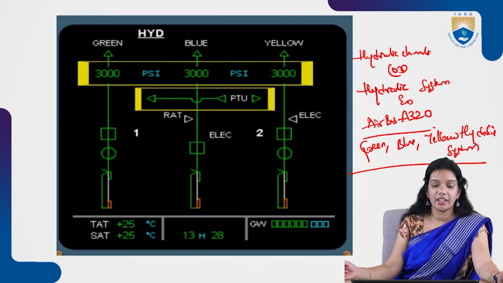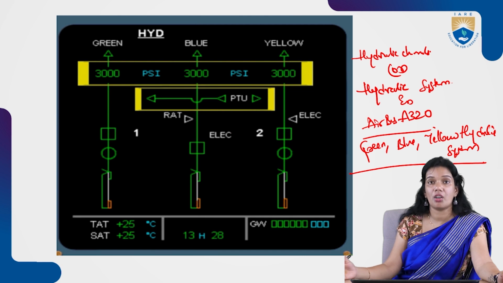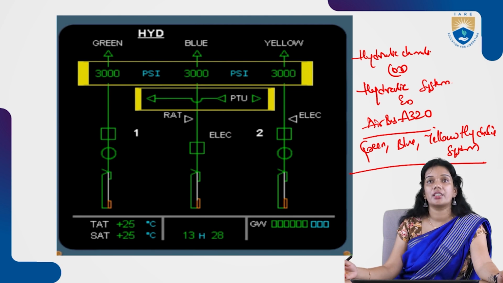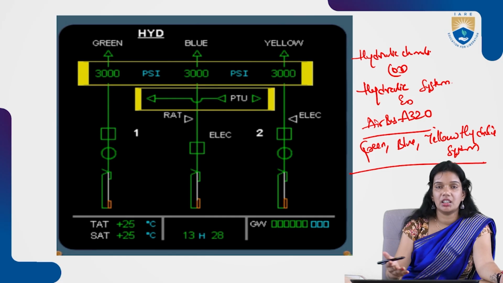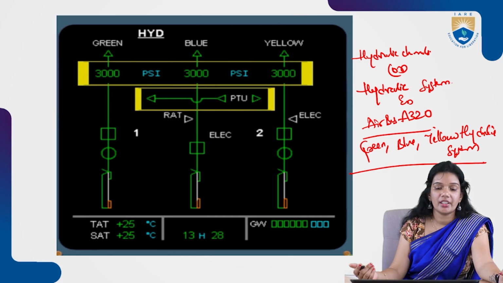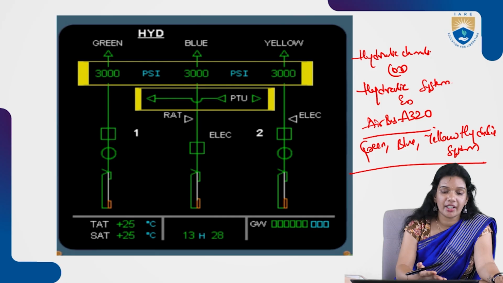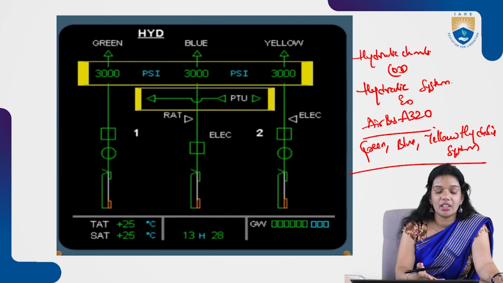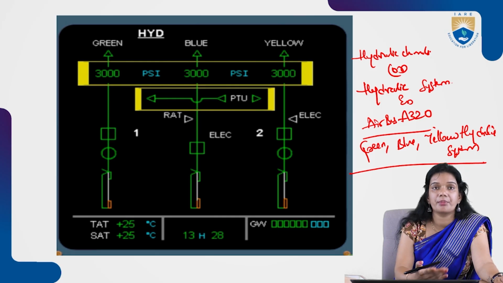So in these hydraulic systems, what we could see in the picture in the cockpit, that a pilot or the first officer or the other people who are going to look into it, they have three channels, right? So in the three channels, one is the green channel, where it is pressurized to about 3000 psi.